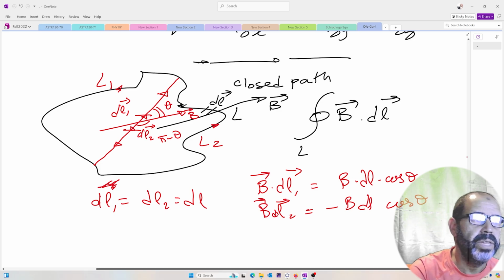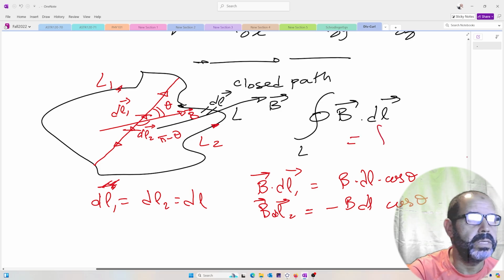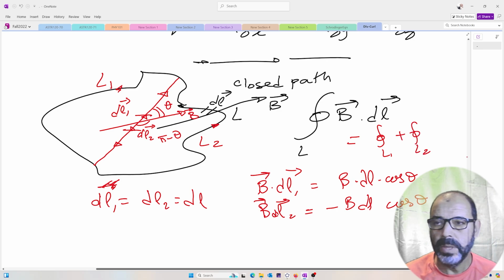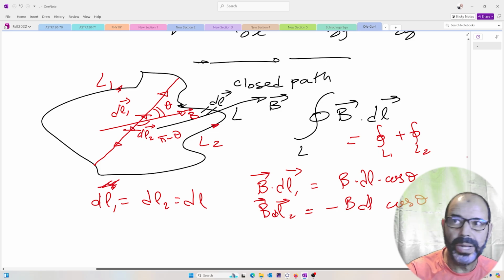So therefore, this integral is nothing but the sum over L1, which is a closed path, plus the sum over L2, which is also a closed path. My point is, why stop there?